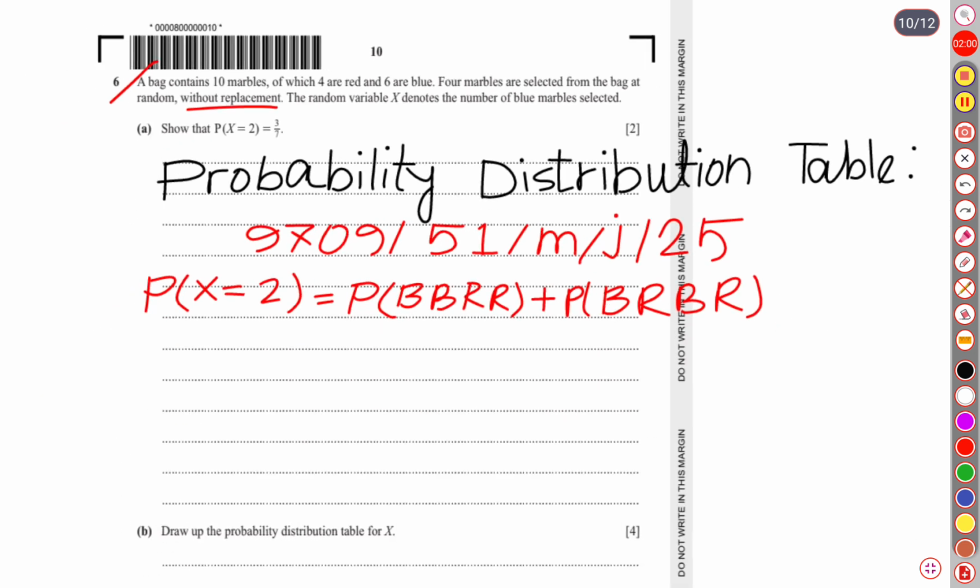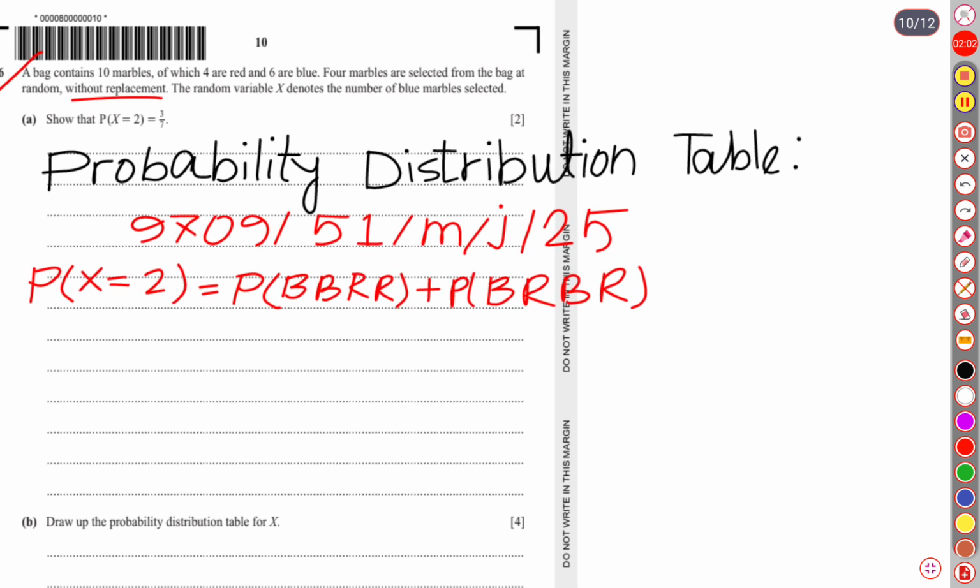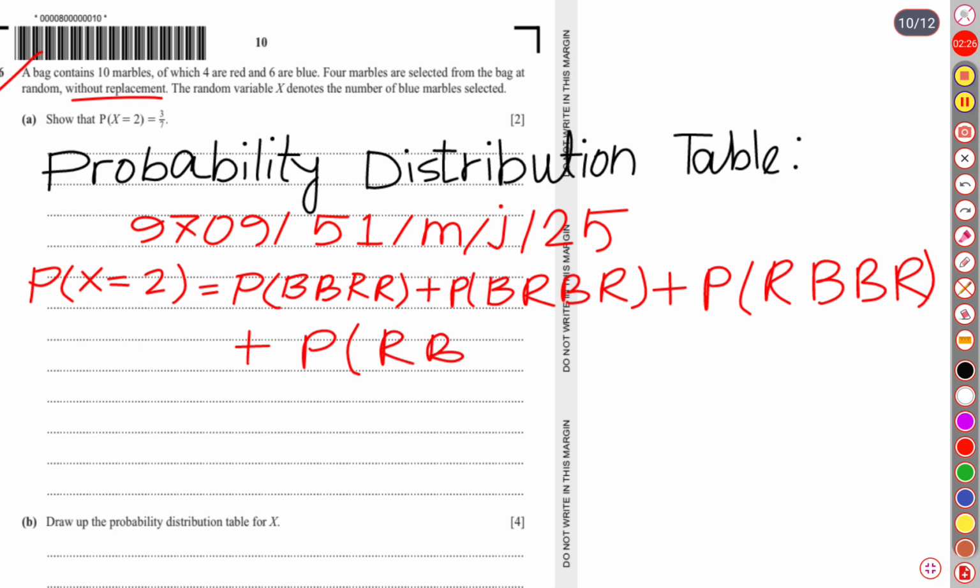Or the third case may be that the first one is red, then the next two are blue, and the final one is again red. Or there may be the first one red, the second one blue, then red, and again blue. This is the fourth case.